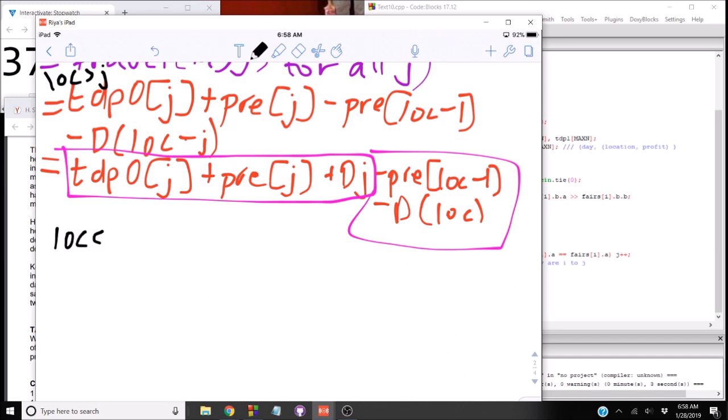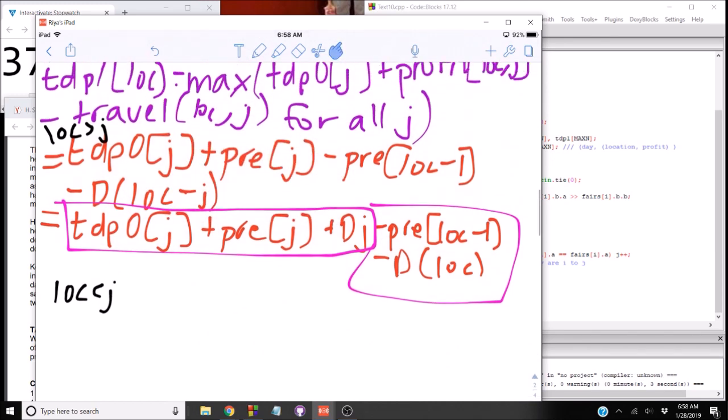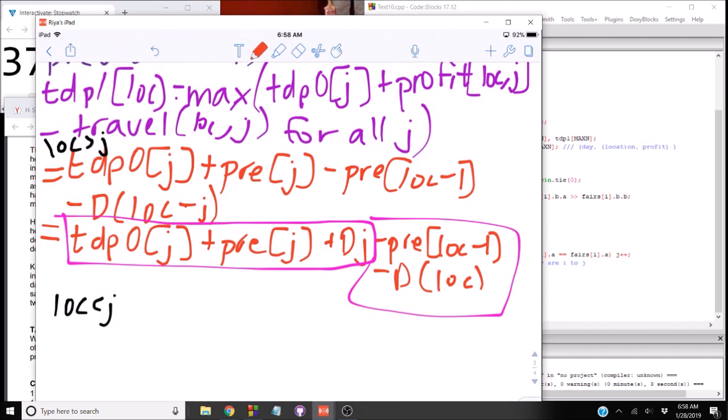If lock is less than j, then this formula comes out to TDP0[j] profit lock j, but lock is less than j, so this is plus pre j.